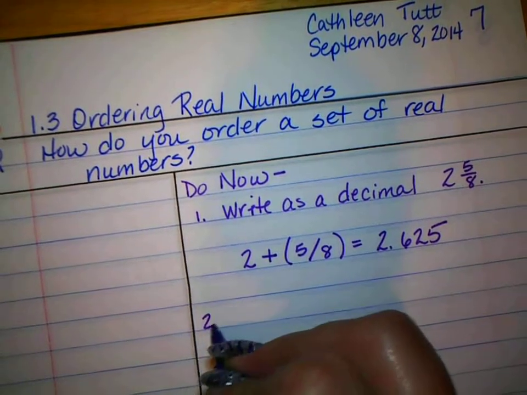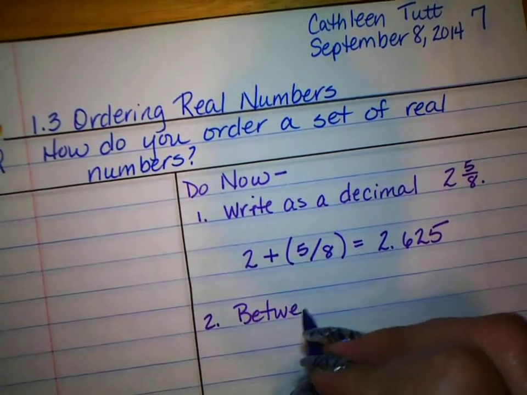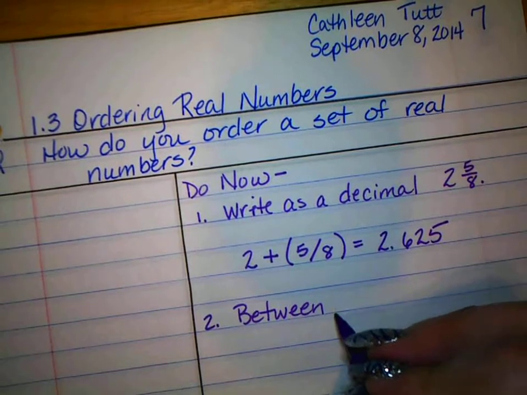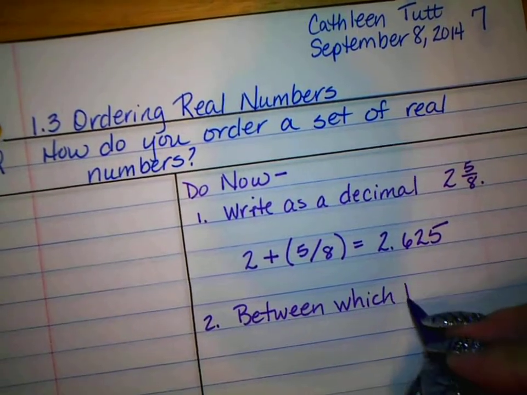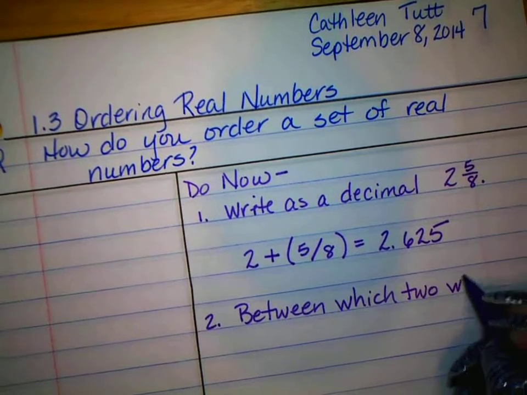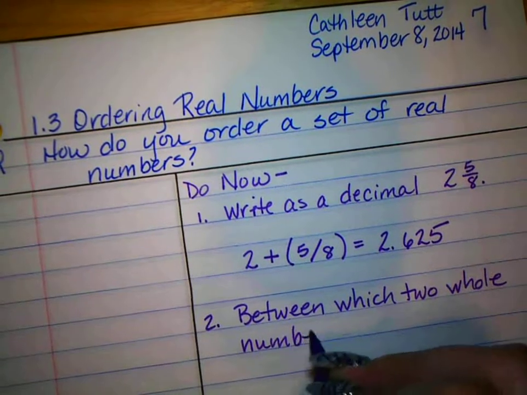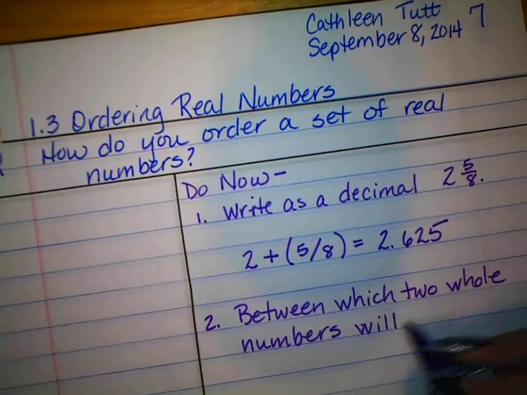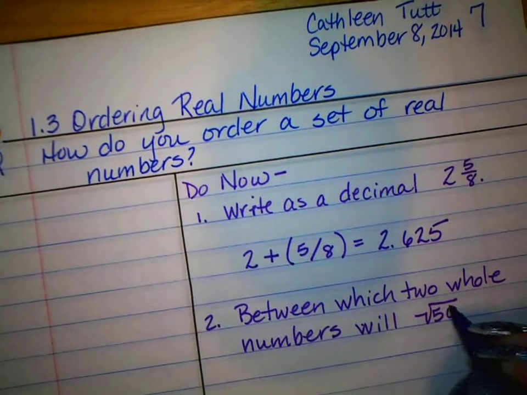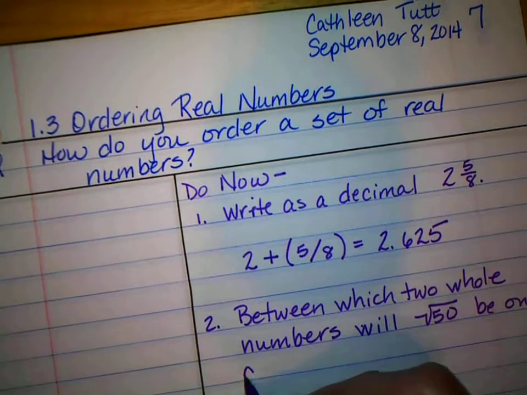The second problem, you needed to find which two integers or whole numbers the square root of 50 would be between on a number line.